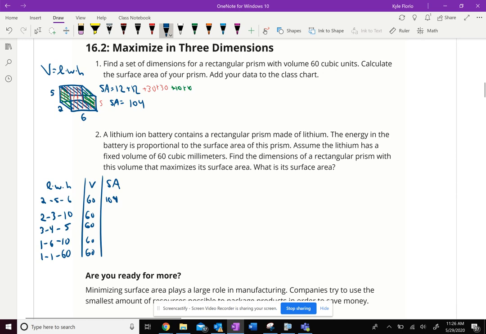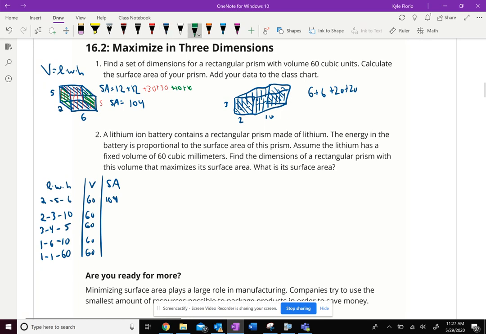So the 2 by 3 by 10 one, that'll be this one right here. The front face and the back face are both 2 by 3s. So 2 times 3 is 6. So there are 2 areas with a 6.